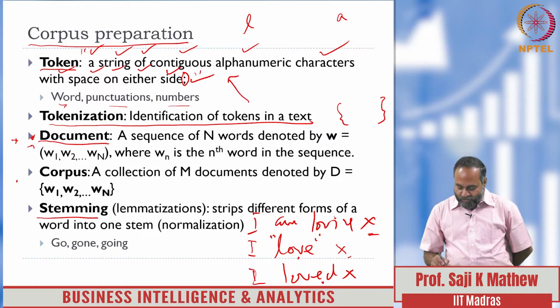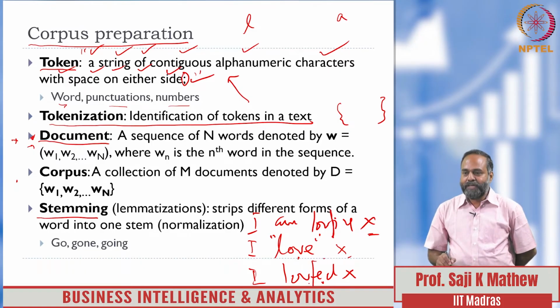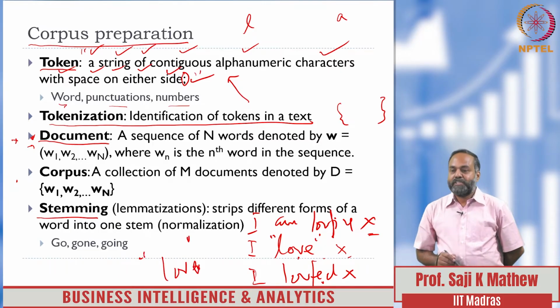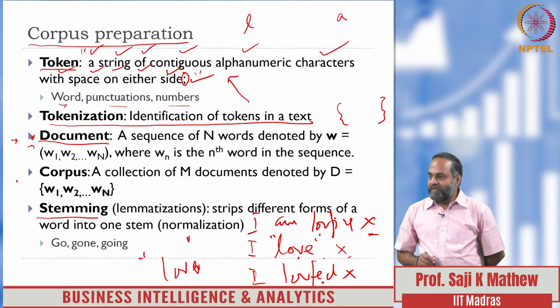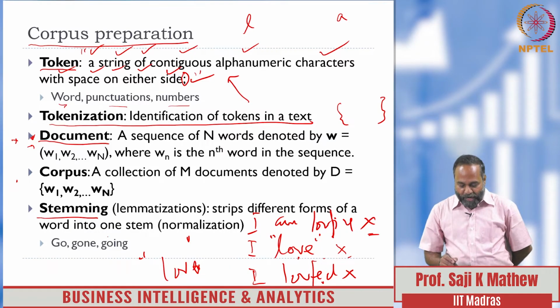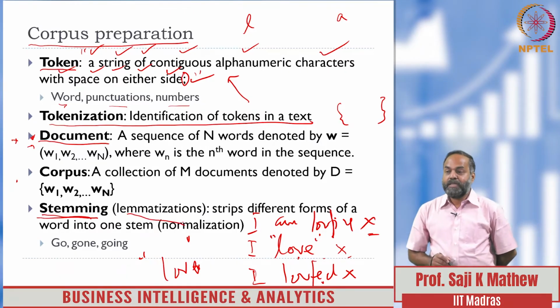So if you have to include love, you have to cut it here, and loved maybe cut it here. You do not miss any form of love, and you want to count how many times the word love has occurred.